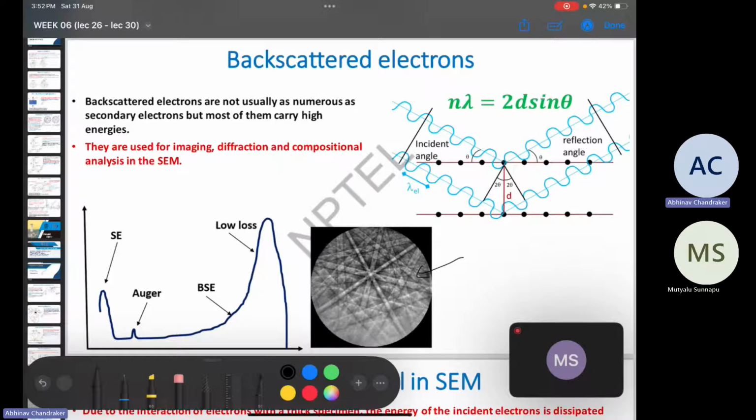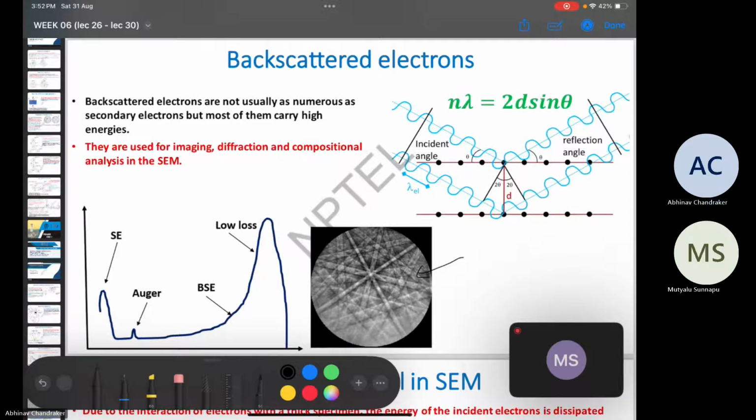Here also a similar principle of diffraction takes place, which leads to backscattered electrons getting generated at particular angles, which are the diffraction angles.